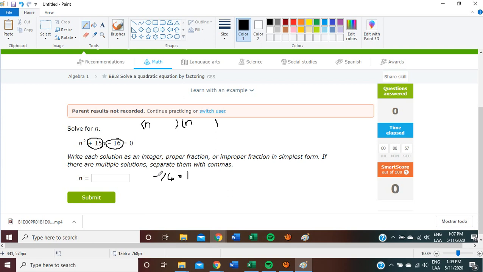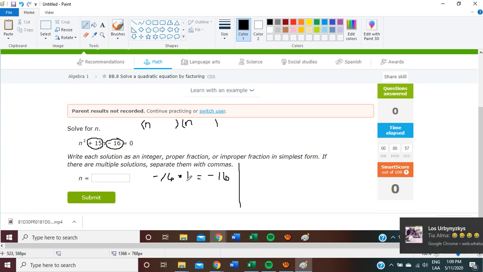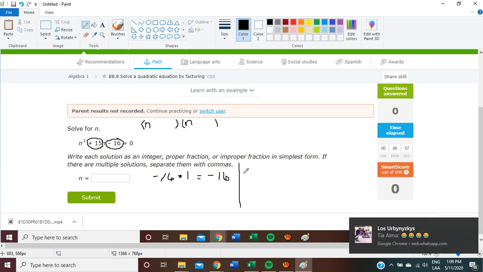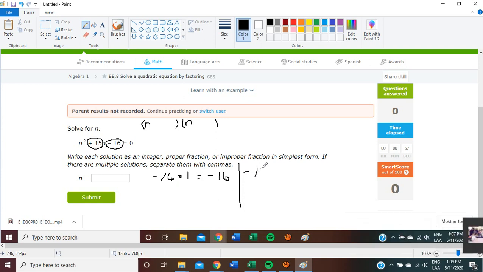So let's say negative 16 times 1 equals negative 16. Now, instead of a multiplication, we need to do an addition. Negative 16 plus 1 equals negative 15. The product is correct, but negative 15 is not 15, because this is positive. So these are not the correct numbers.